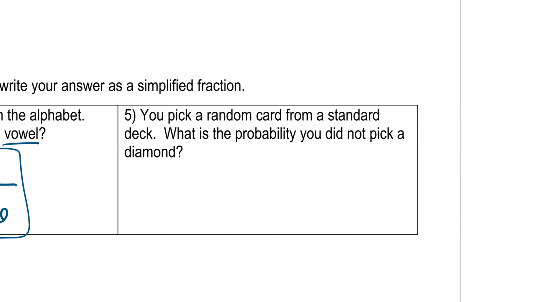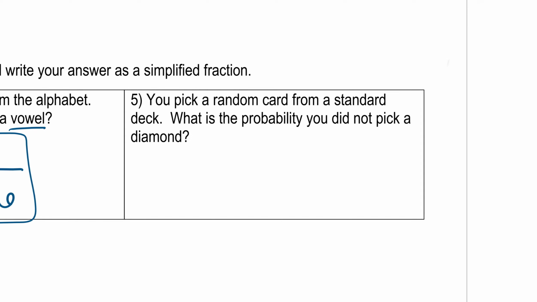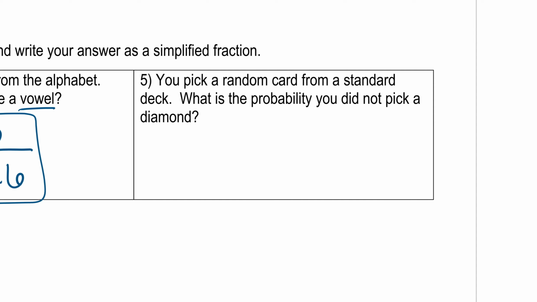Number 5, you pick a random card from a standard deck. What is the probability you did not pick a diamond? Okay, so if I don't want to pick something, that's called a complement. So if you want to write something down for here, complement is probability of not happening.